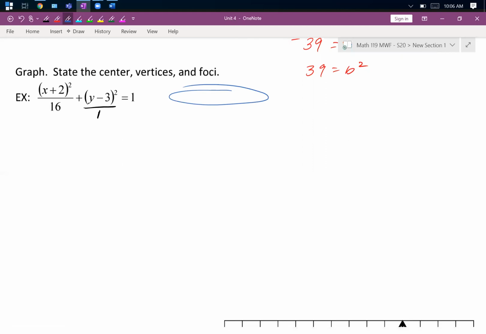Next, we will identify our center. What is our center going to be? Minus 2, 3. And exactly, just like our circles, we're doing opposite signs going from the equation to the center.